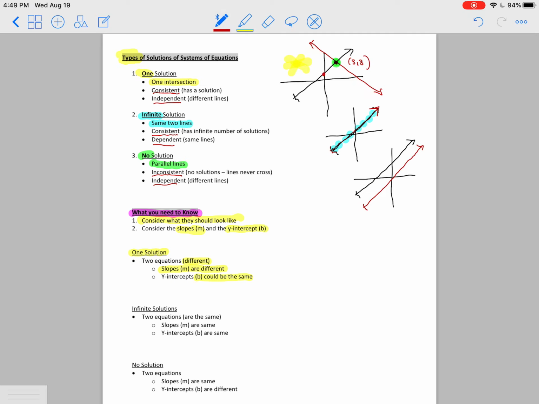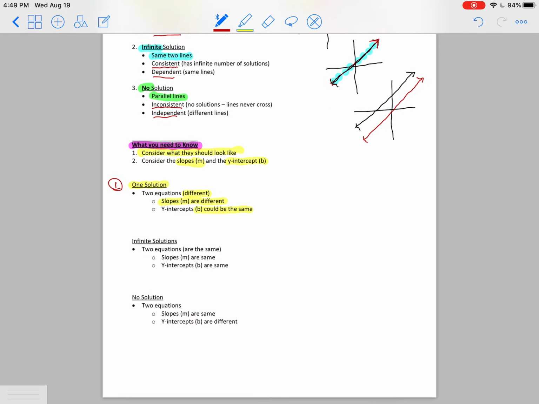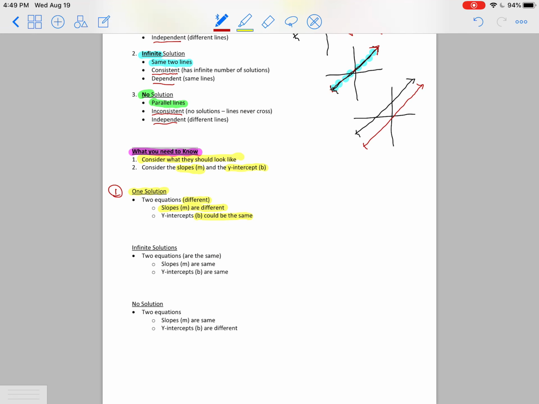Let's say that these lines crossed right here instead. Well, our b would be the same, but you can see that our slopes are very different from one another, and that results in this idea of one solution. Okay, so you need to be thinking about what that would look like and then create 2 equations that would result in that effect.